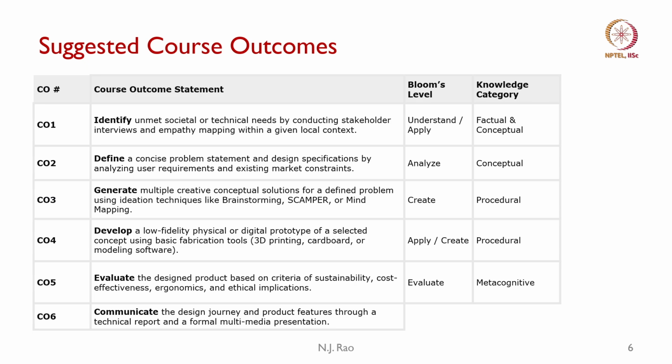It can be simple because the whole purpose of this course is to give experience in engineering itself. And having talked to them, having collected the information from the local context, you define a concise problem statement and design specifications by analyzing user requirements and existing market constraints.